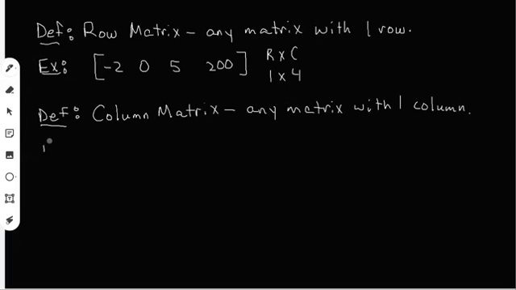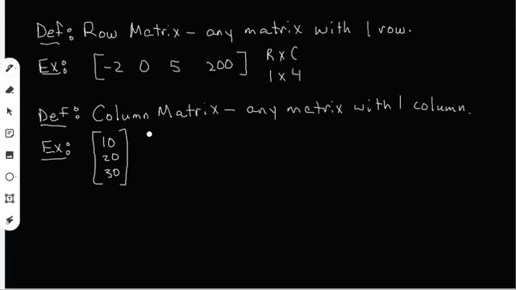So what would a good example of this be? Let's say we have a matrix with one column, and let's say it's 10, 20, 30. And we'll stop there. Okay.